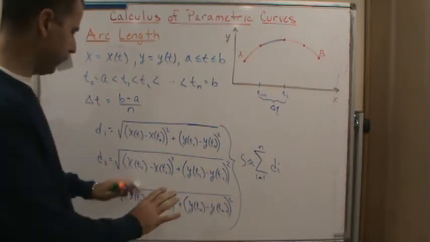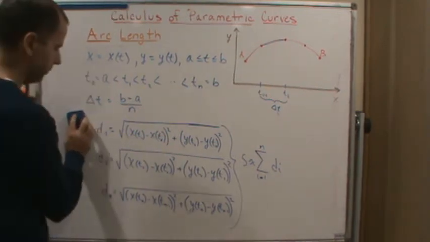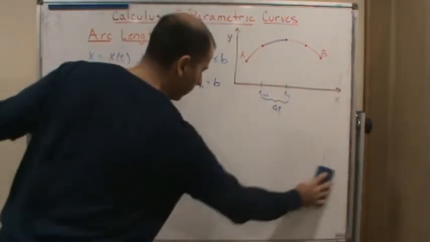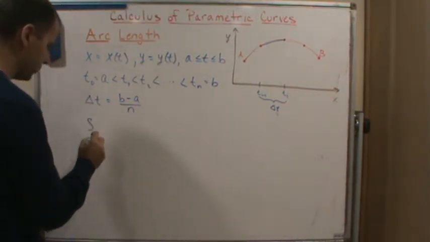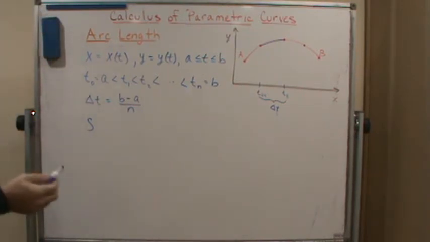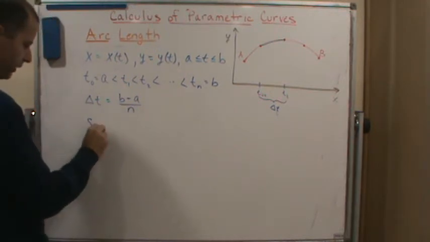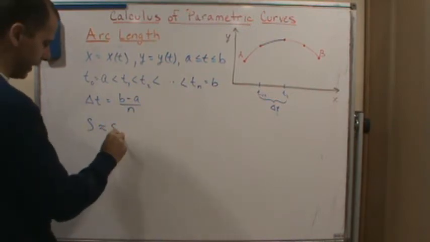Now, I'm going to erase this, and I'm going to put this together as a formula. So the arc length, again we're going to use S, is the exact arc length. And we're going to use S sub i instead of d sub i. So S, the exact arc length, is approximately equal to S sub n, not S sub i.